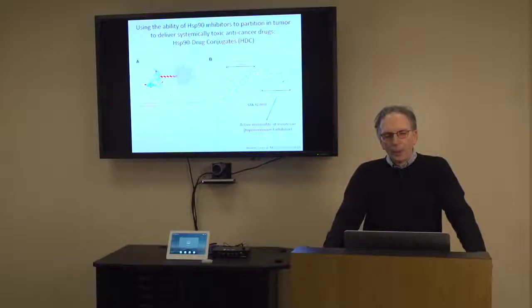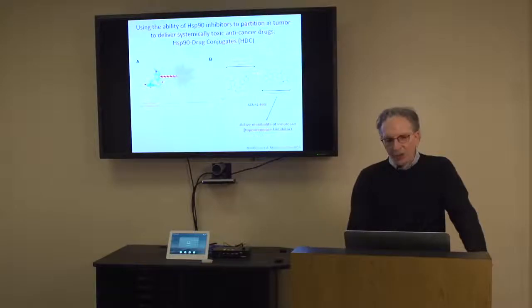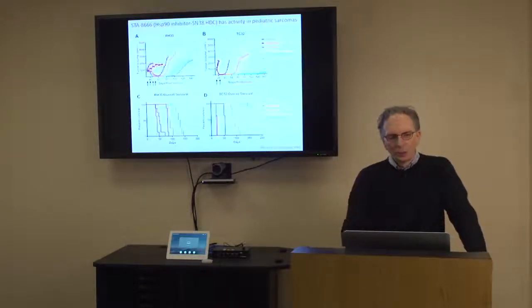So the folks at Synta hypothesized that by delivering this toxic molecule directly to tumor cells and maintaining it at relatively high concentrations in tumor cells for an extended time, because of its attachment to HSP90 inhibitor, might not only improve its efficacy toward tumor inhibition or killing, but also reduce its systemic toxicity. And this has in fact proved to be the case.